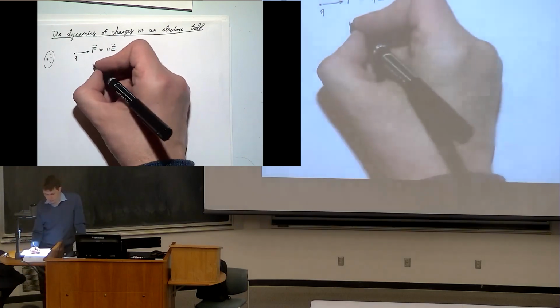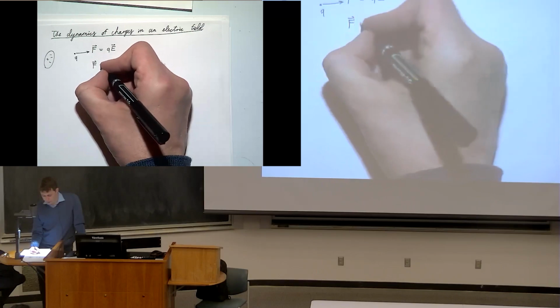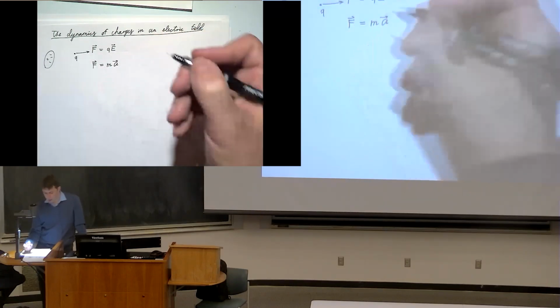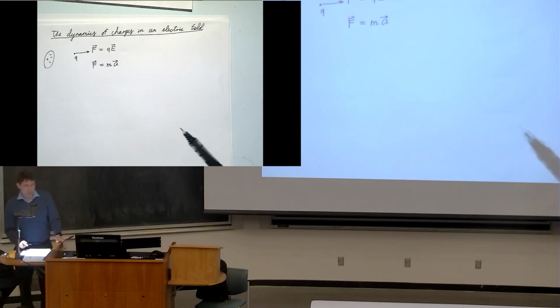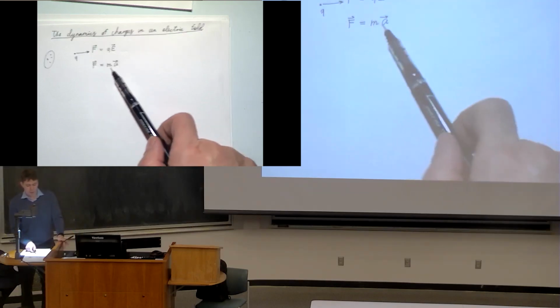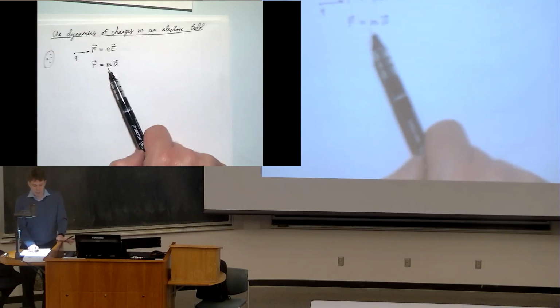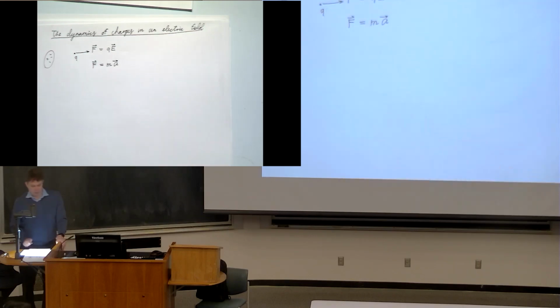And so it means it will be accelerated. According to Newton's second law, if it's a free particle, if it's not attached to anything, the same force is given by the mass of that particle multiplied by its acceleration.